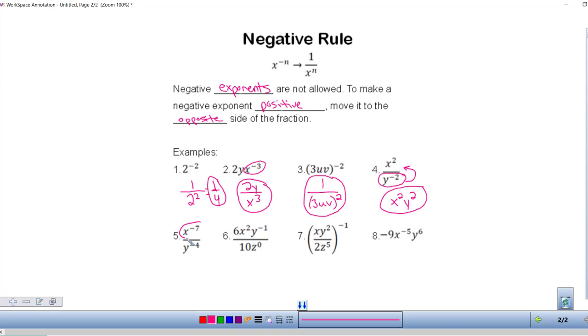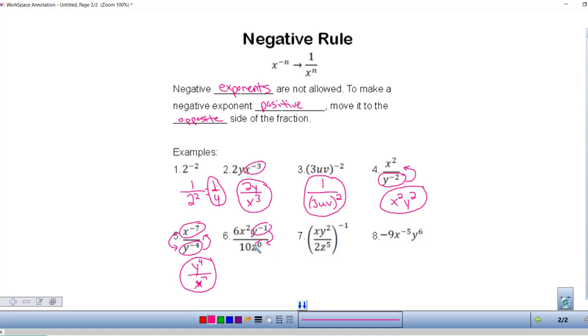Number 5, there are 2 negative exponents. This one will need to go to the top, and this one will need to go to the bottom. So basically they just switch places. Y to the positive 4th and x to the positive 7th. Number 6, we have y to the negative first power, which needs to move down.